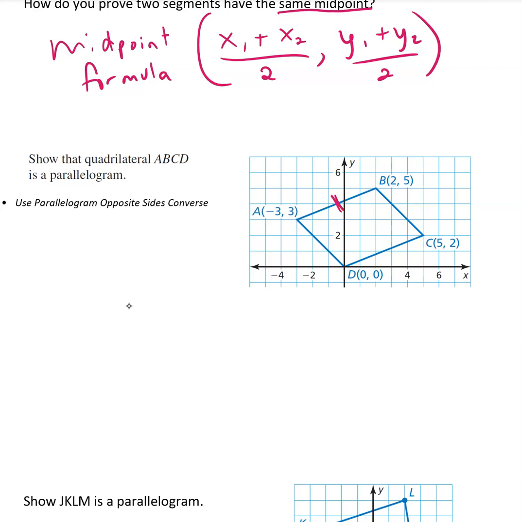So that means we need to show that AB is equal to CD, and then you also need to show that BC is equal to AD.